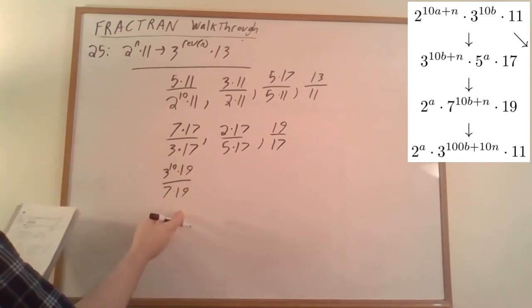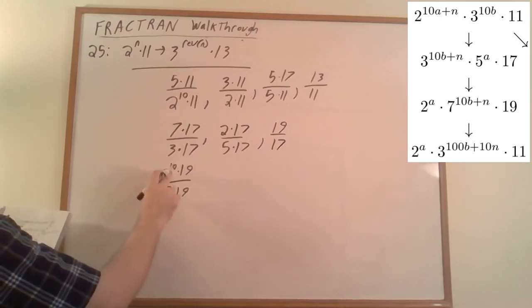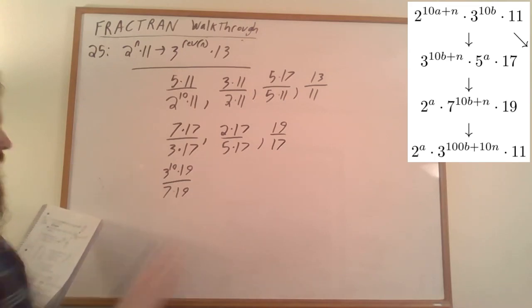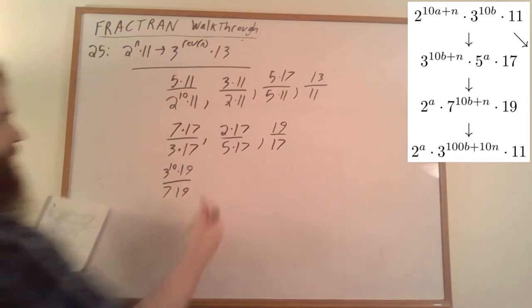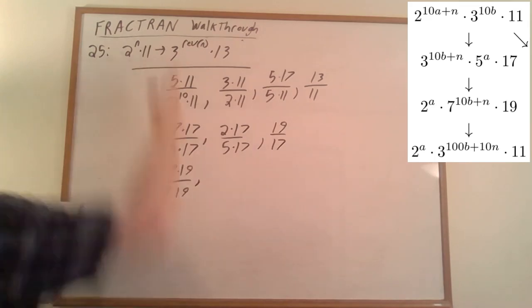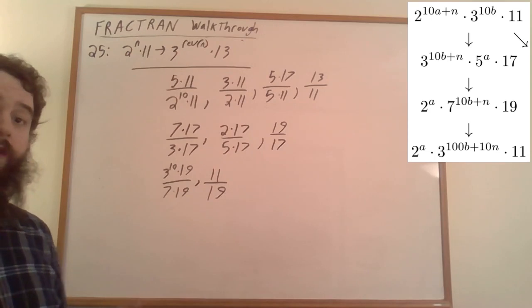So this fraction here will do that. It takes 1 7 out of the 7's register, and it adds 10 counters into the 3's register. And of course, keeps us in state 19. And when we've finished with that, we want to go back to state 11 to complete the loop. So this is our program here.